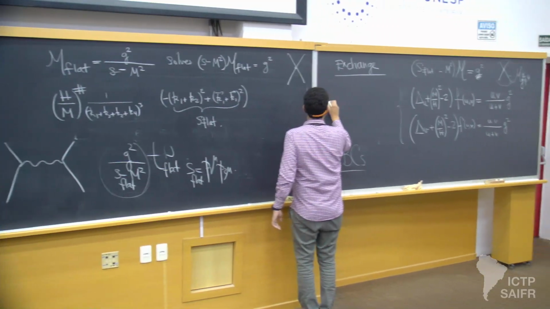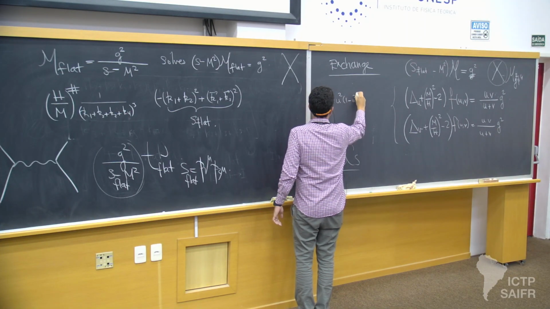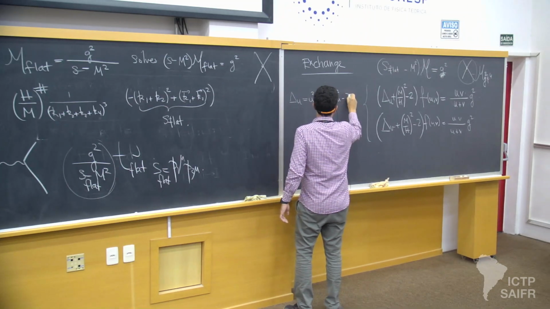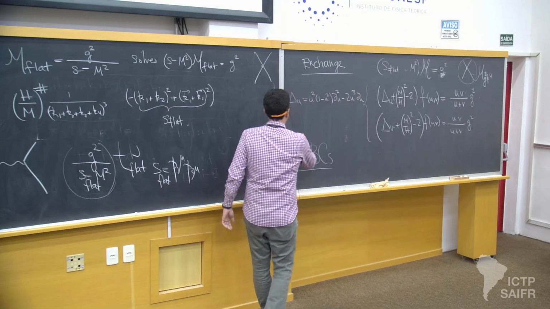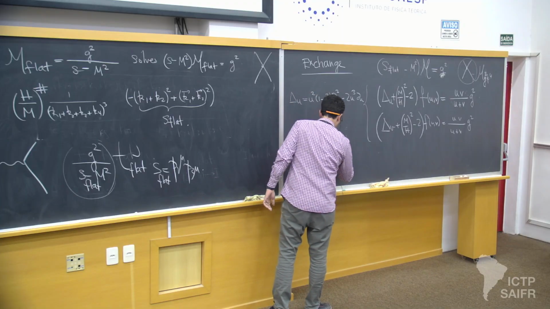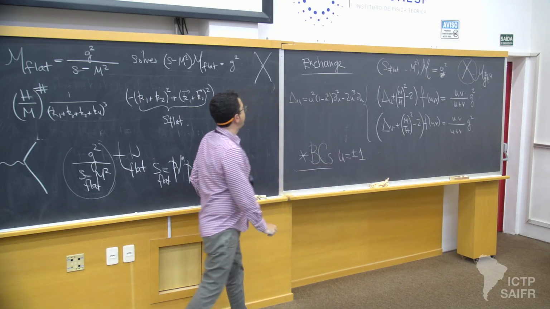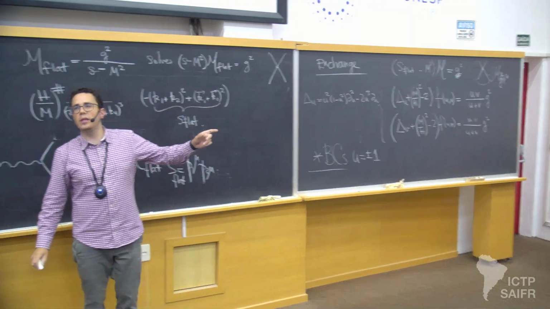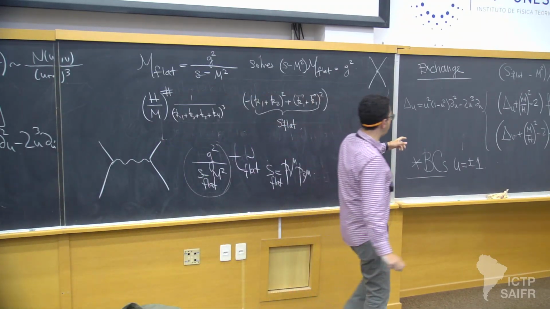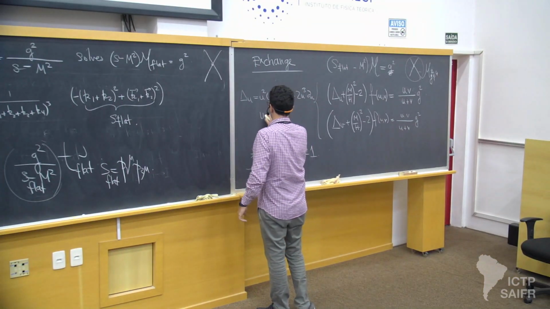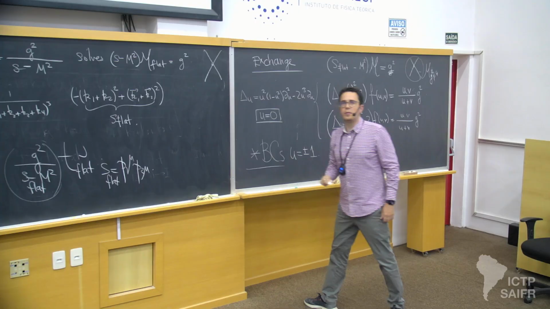So delta u has u squared (1 minus u squared) d2u minus 2u cubed du. Now, the boundary conditions, you can impose them at u equals plus or minus 1. And funny enough, there's a singularity that you didn't ask for, but symmetry forces you to have it, which is at u equals 0.